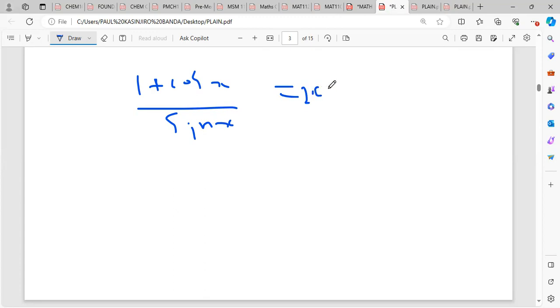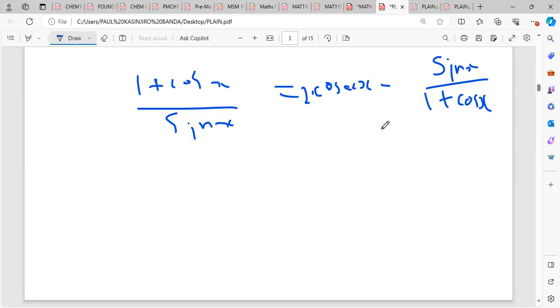So I have 1 plus cos x over sine x, which should be equal to 2 cosec x minus sine x over 1 plus cos x.